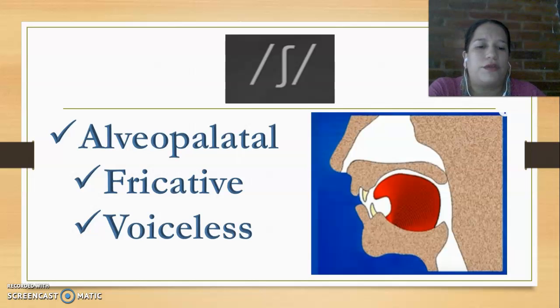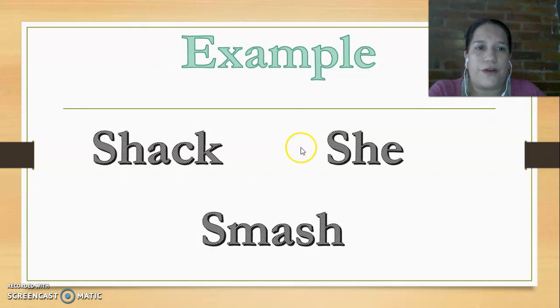As a result of this partial obstruction, turbulence is produced, and that is where the sound comes to life. It is also a voiceless sound, that is to say that it is a sound without vibration. For example, shark, she, smart.